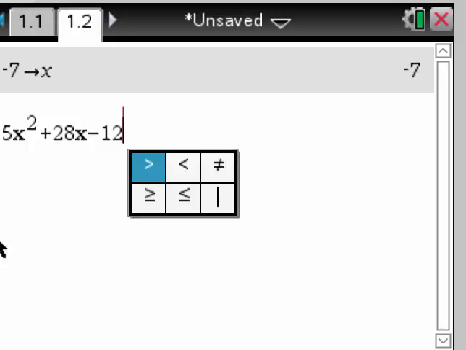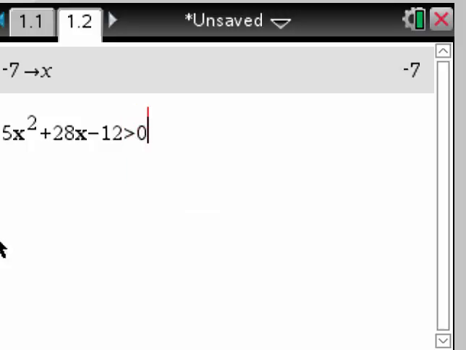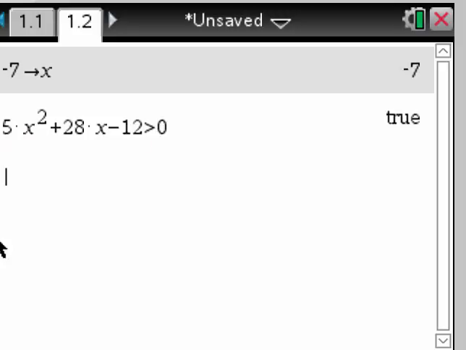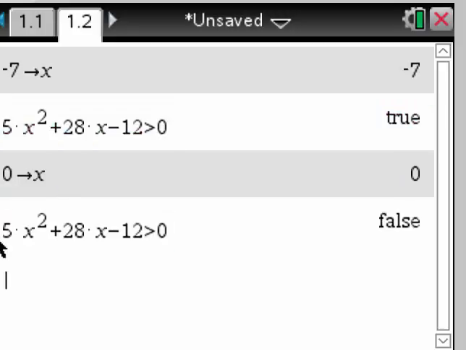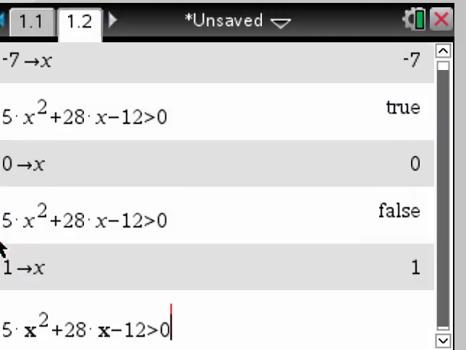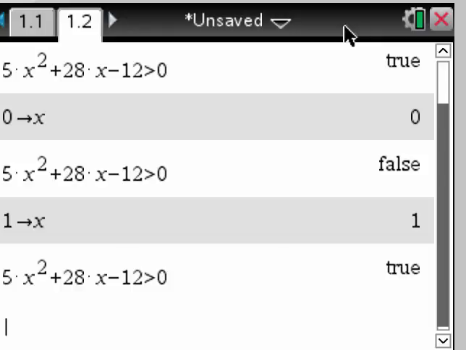Your inequalities, if you didn't know, is control and then the equal sign, so greater than 0, that is true. Now I'm going to store 0, and I'm going to cut and paste, and that is false, and then I'm going to store 1, and I'm going to cut and paste, and that is true.